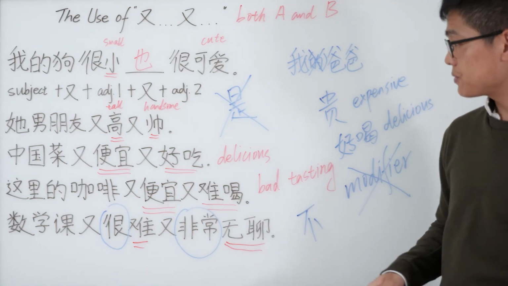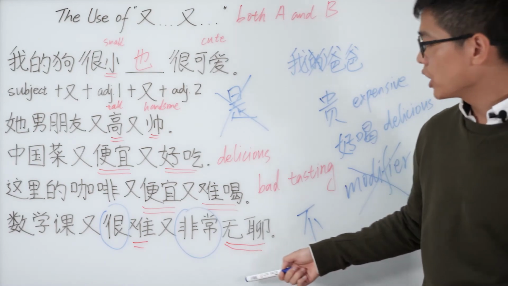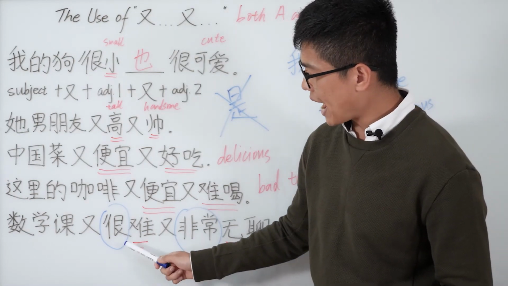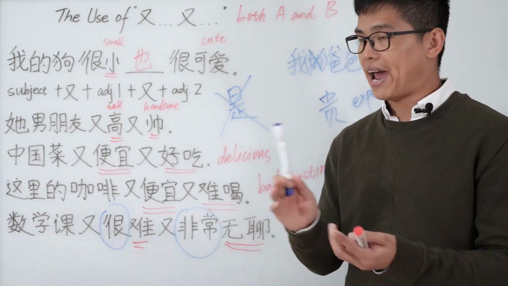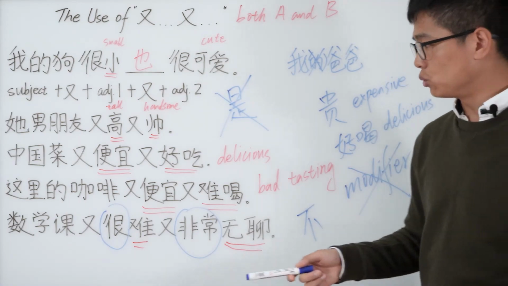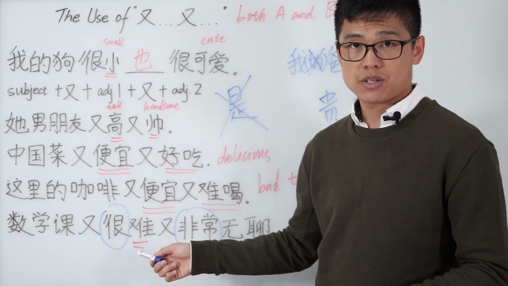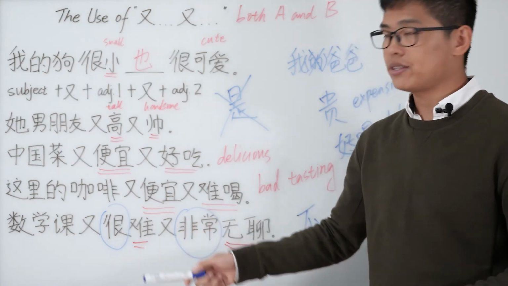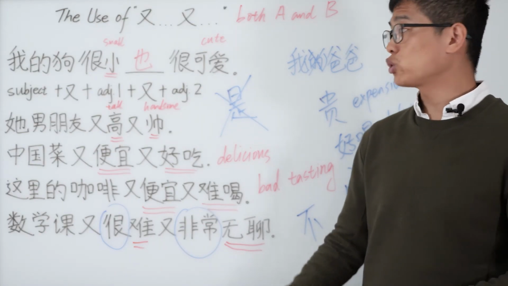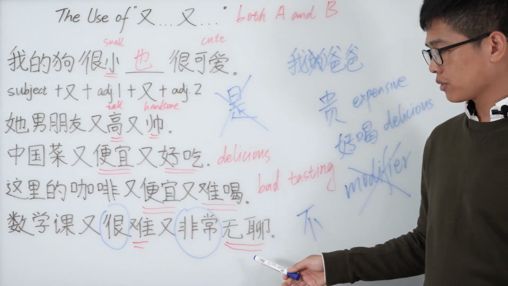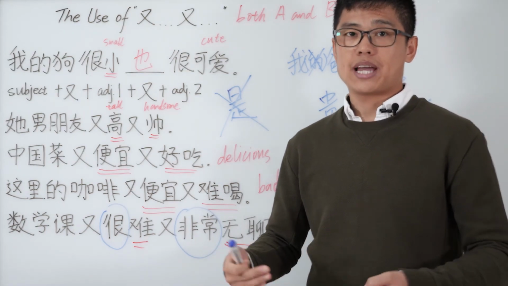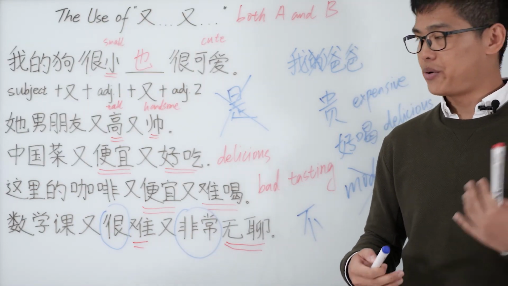And the last part, we talked about how we shouldn't add anything, adverbs or words like 不 before the adjectives or in between yo and the adjectives when you try to use this structure. Otherwise, again, it will sound very, very strange.